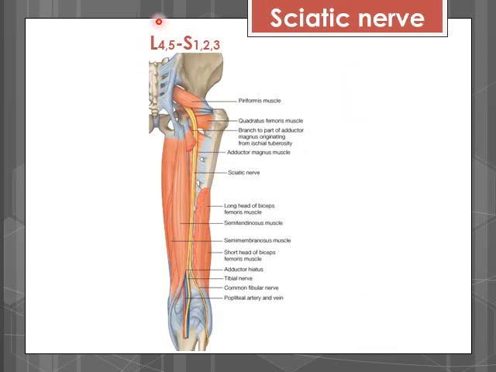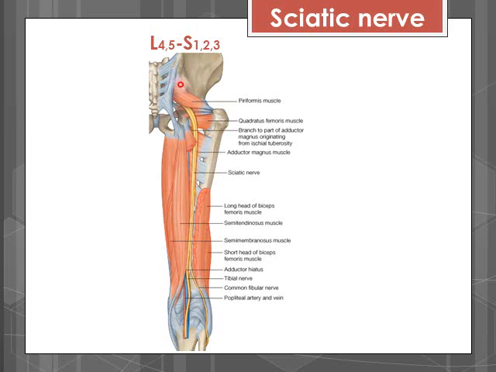The sciatic nerve arises from the sacral plexus, from the fourth and fifth lumbar nerves, and first, second, and third sacral nerves. It is the largest branch of the sacral plexus, and it is the thickest nerve in the body.